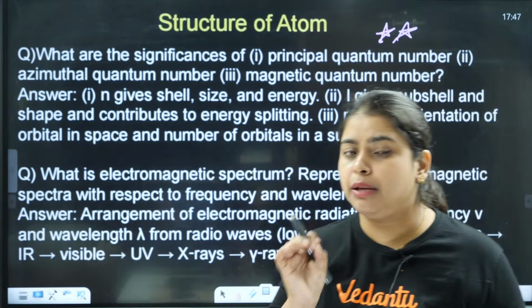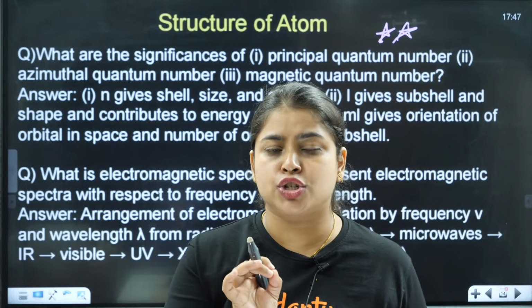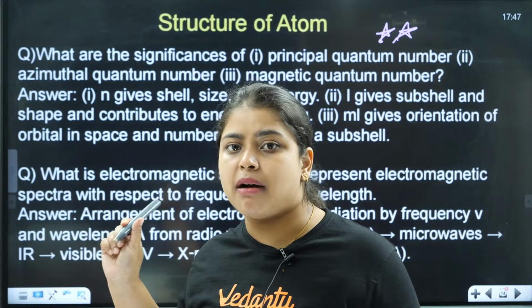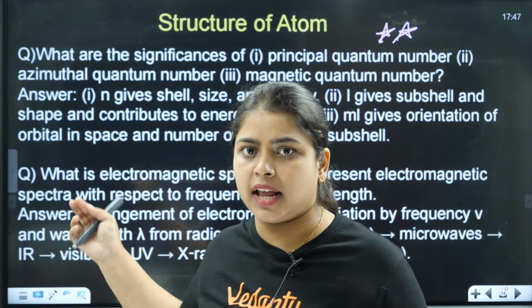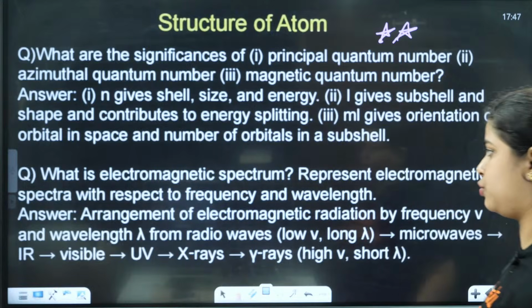This is very, very important, guys. It has been repeated a lot of times, because in the 5 marks, 3 marks ask this and the 2 marks ask a different question.